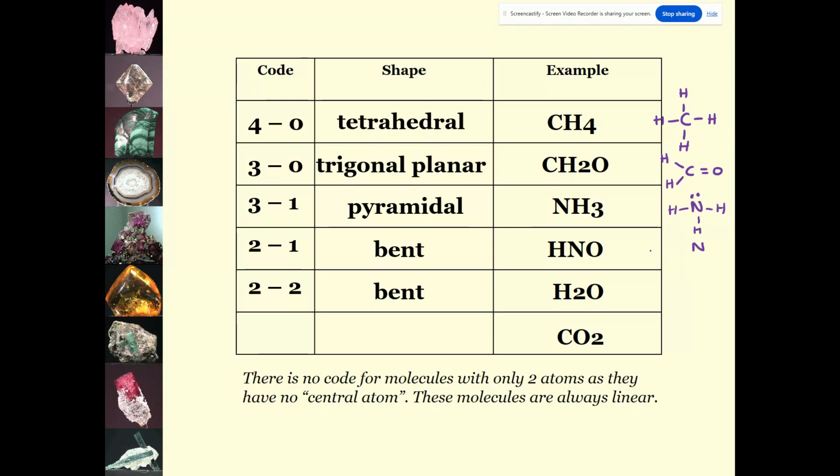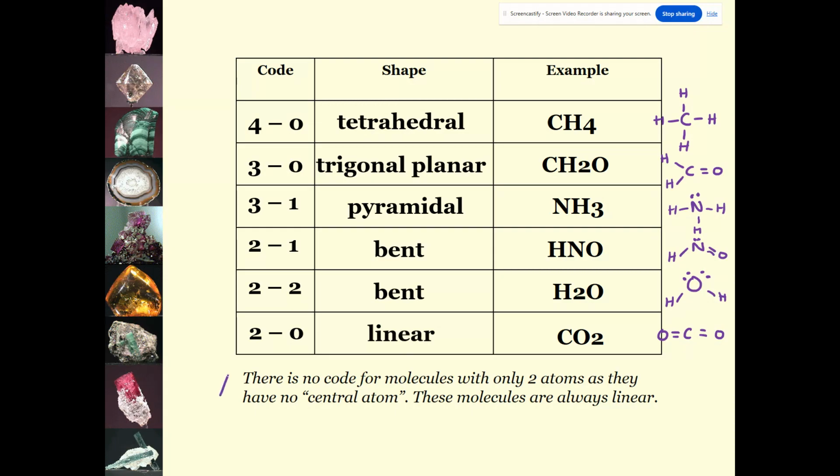NO2. HNO has a lone pair, a double bond to an O, and a single bond to an H. So there's 2 terminal atoms and 1 lone pair. Whereas water has 2 lone pairs and 2 terminal atoms, giving us a code of 2,2. And then the last one is my linear molecule, where my code is 2,0, like carbon dioxide. So there's 2 terminal atoms and no lone pairs.